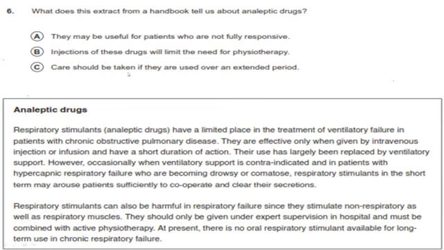Care should be taken if they are used over an extended period. It's talking about timing, the duration of treatment. Is it mentioned here regarding timing?